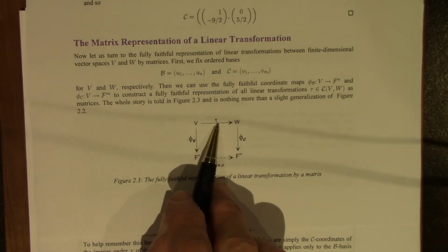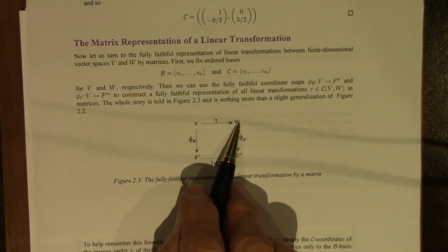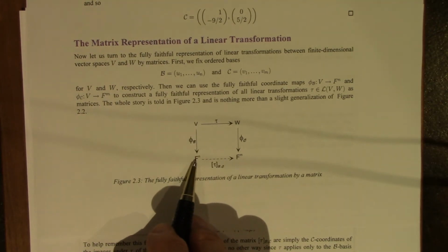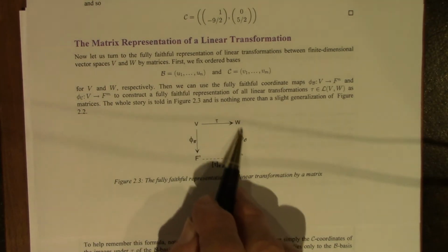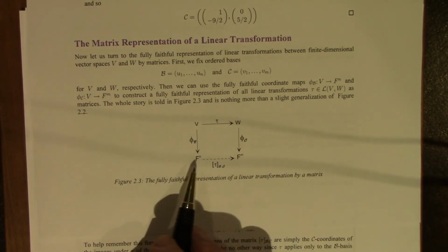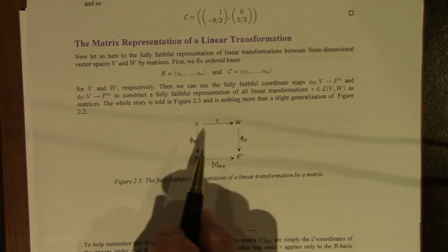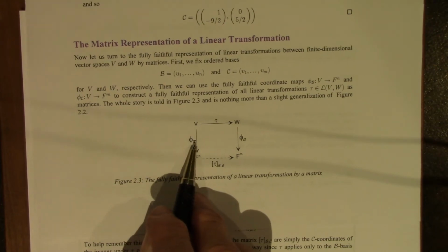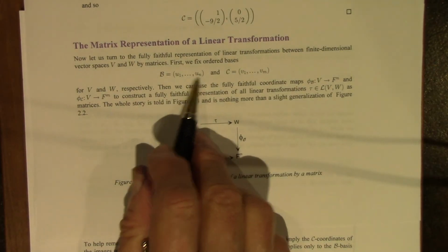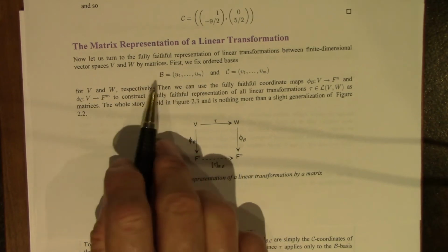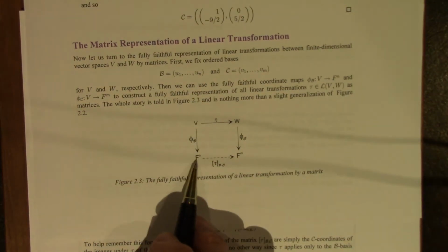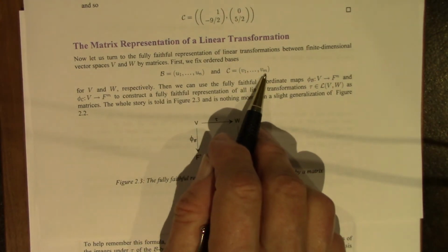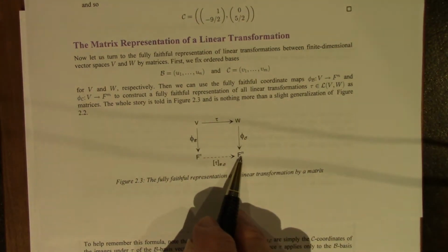Here is the map tau from V to W. Here is the B coordinate map, and here's the C coordinate map. Because B has size n, V has dimension n, this is Fn, W has dimension m, so this is Fm.